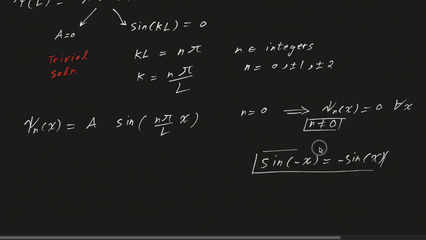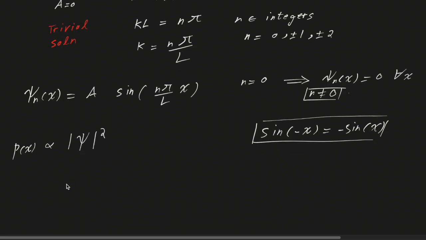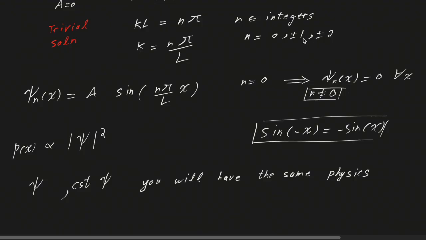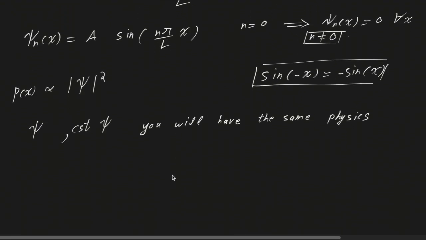But we know that the probability of finding the particle at a position x is proportional to the modulus squared of psi, so that whether you have psi or some constant multiple of psi, you will always have the same physics, meaning that the negative values for n are redundant, so we only need the values 1, 2, 3, and so on.